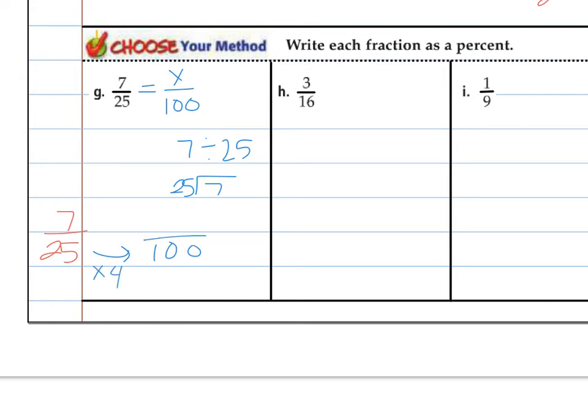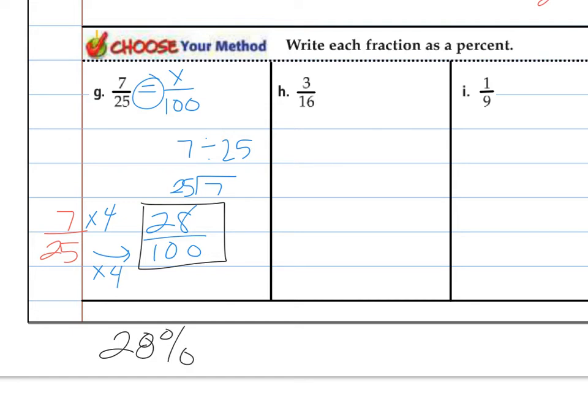So since they're supposed to be equivalent, I can multiply the top by 4. 7 times 4 would be 28. So then I see that it's actually 28 hundredths, which is the same as 28%. So if your denominator can be multiplied to 100 or 10, then that can help you go a little bit quicker to your percent.